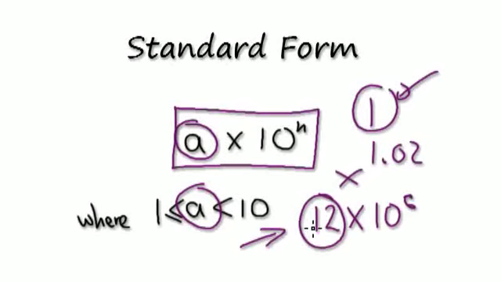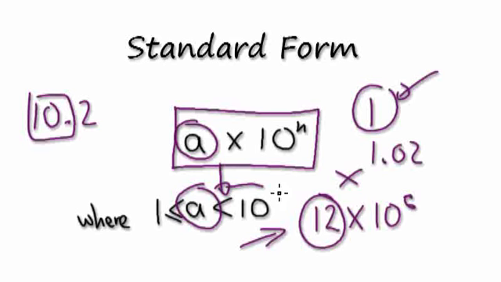This 12 here is not valid because it's bigger than 10. It can't be 10.2 either, because this is bigger than 10. So it has to be less than 10, this is important. But it can be 1. You're allowed to have 1. So it can be 1 or above.